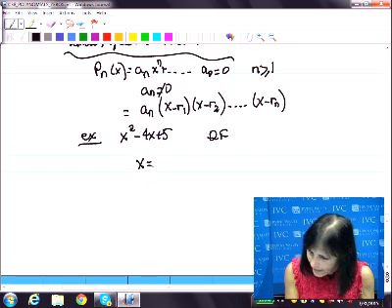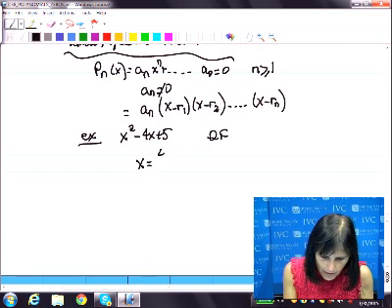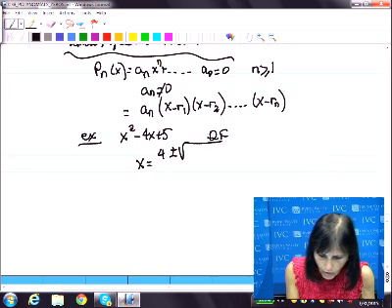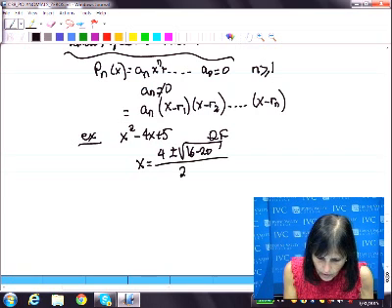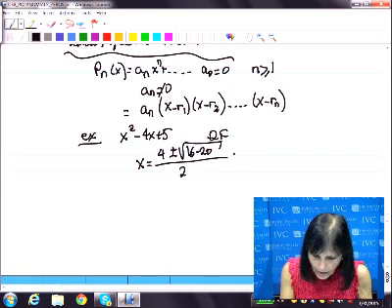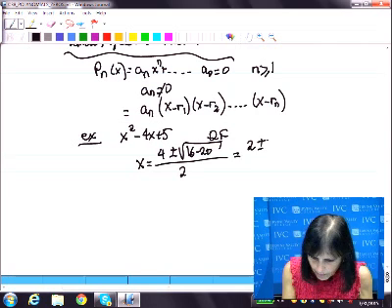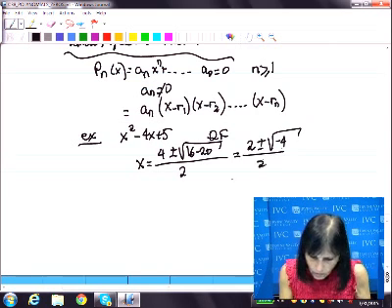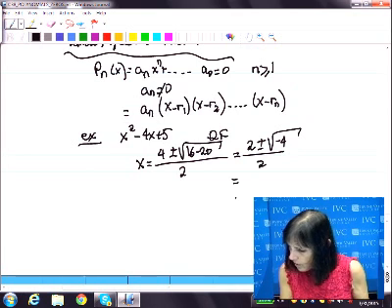So let's plug that in. Negative b plus or minus the square root of b squared minus 4ac, over 2 times 1. So that's going to give me 2 plus or minus the square root of negative 4 over 2, which turns out to be, what is that going to be?